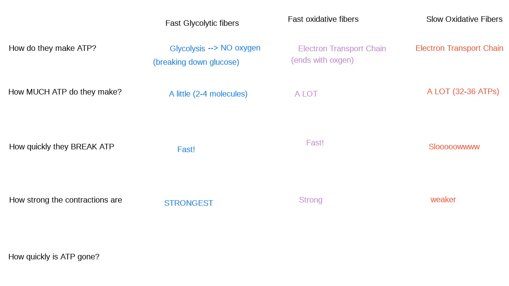So what we could change this to, here, let's put another label on this category, is maybe the endurance of the muscle tissues, how long they can contract for. Fast glycolytic fibers, they run out of ATP really fast. So ATP is gone fast.